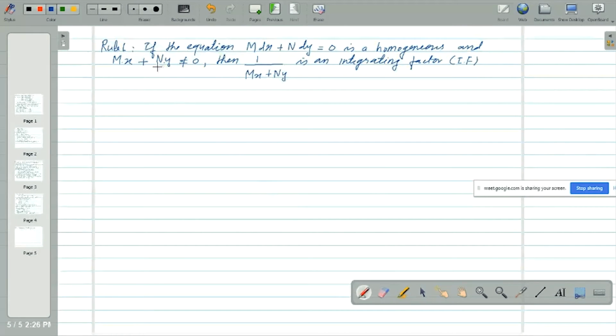See here. If the equation M dx plus N dy equal to 0 is homogeneous, and the expression Mx plus Ny is not equal to 0, then the reciprocal of this expression is known as the integrating factor. This is the reciprocal of Mx plus Ny.